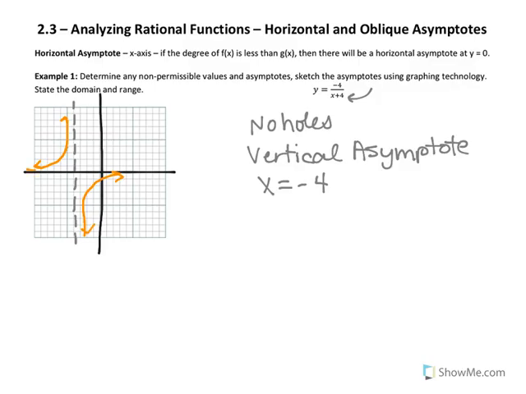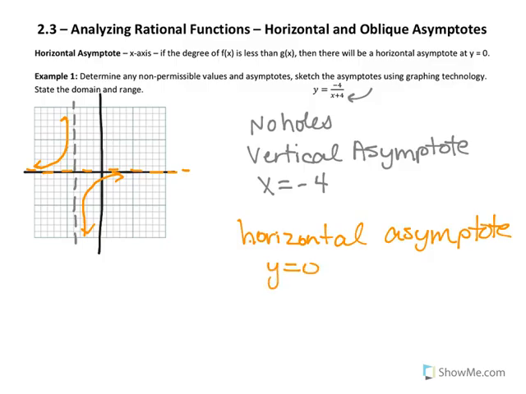So you can tell then that there's an asymptote at the axis. So there's a horizontal asymptote at y equals 0.